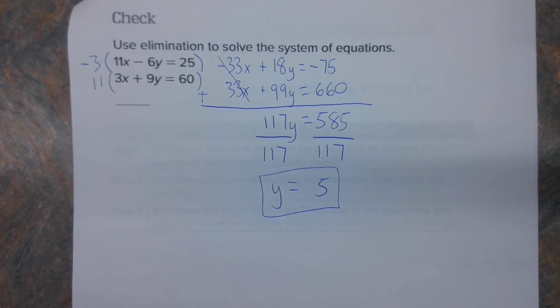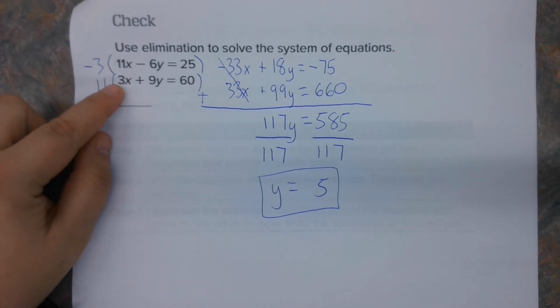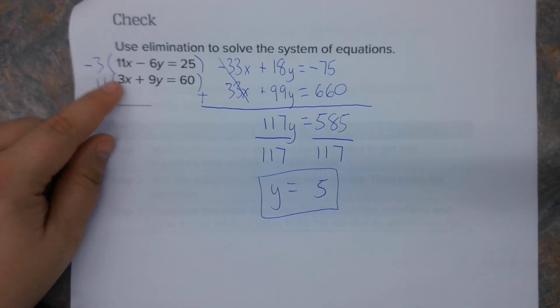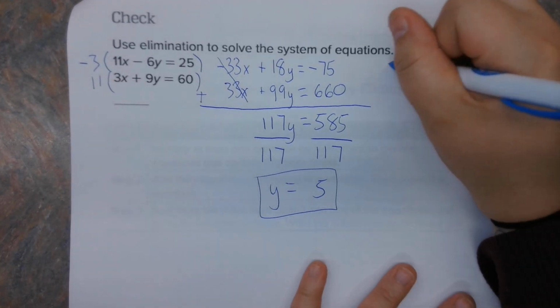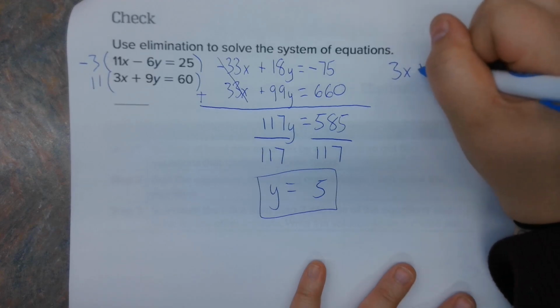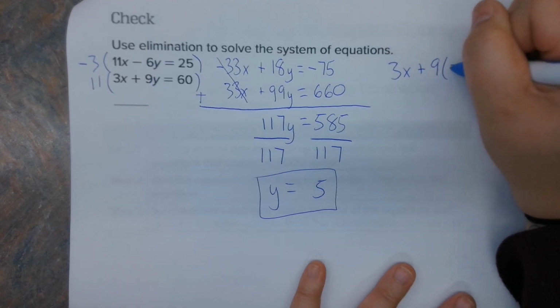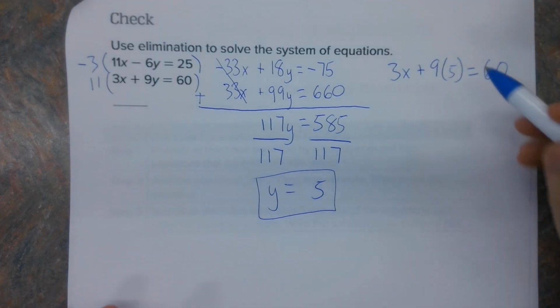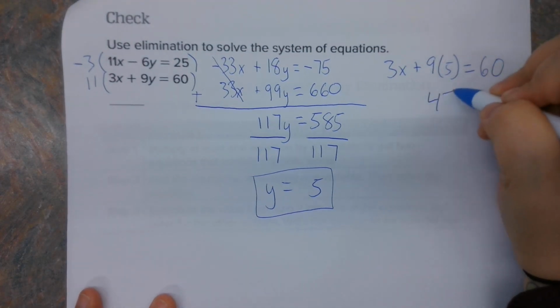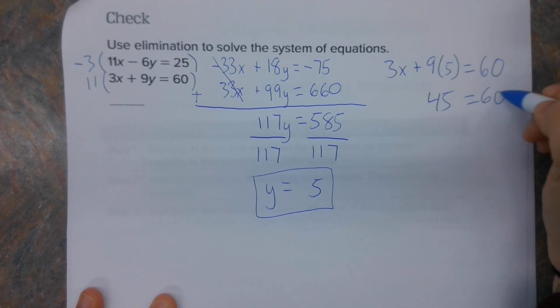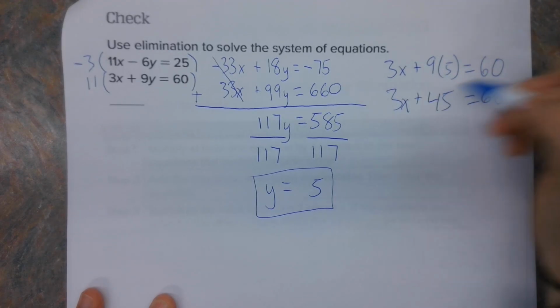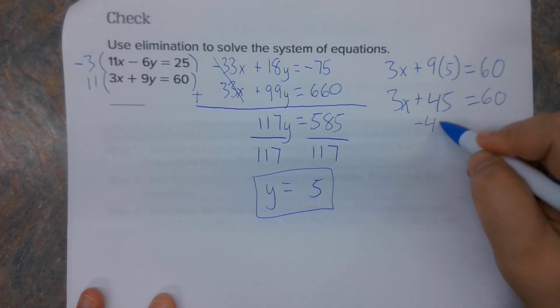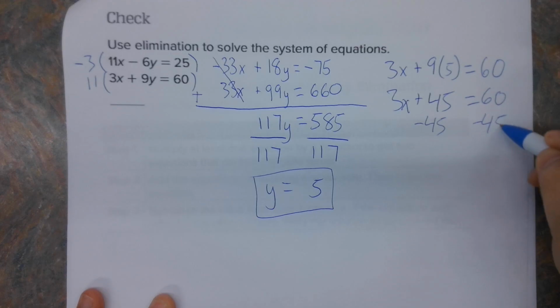See? Easy peasy. Now when I look at this one, I think the second equation is probably a little easier, so I'm going to go with the second equation. So I have 3x plus 9 times 5 equals 60. 9 times 5 is 45. Bring everything else down. I'm going to subtract 45, subtract 45.